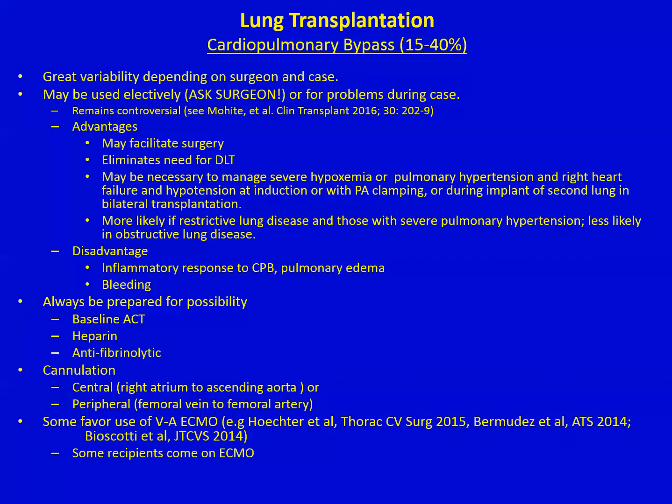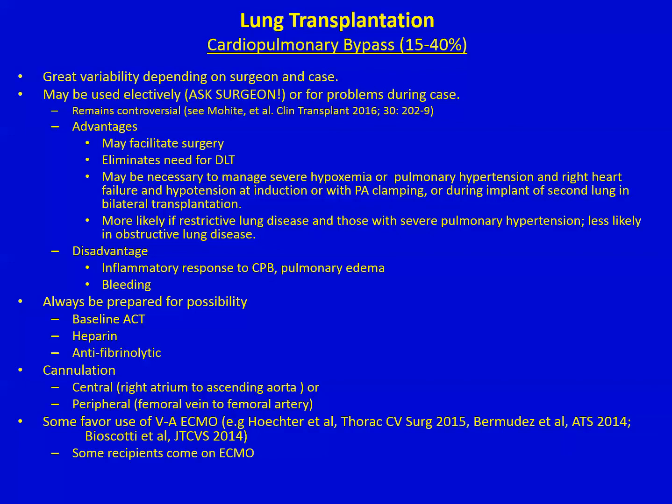Cardiopulmonary bypass is used in between 15 and 40% of patients and varies widely from case to case and surgeon to surgeon. It may be used electively or for problems during the case. On this slide, I've summarized the advantages and disadvantages of use of cardiopulmonary bypass.